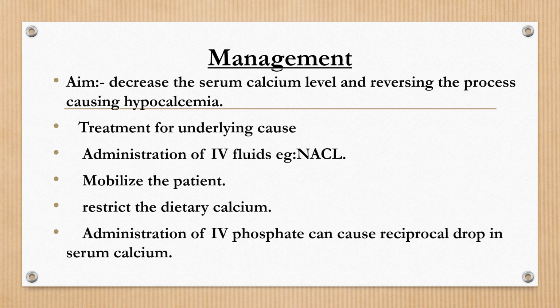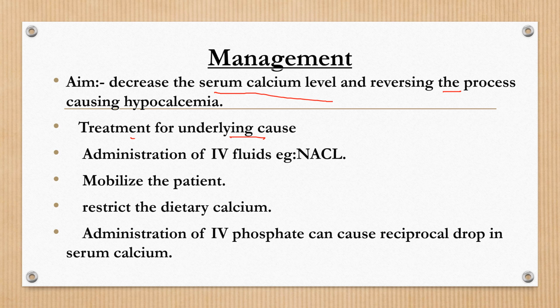Management: the aim, otherwise goal of treatment, is to decrease serum calcium level and reverse the process causing hypercalcemia. So what is the root cause that leads to hypercalcemia? That is supposed to be identified and treated. That is the first aspect, treatment for the underlying cause. If it is a problem with the parathyroid, we are supposed to treat that.